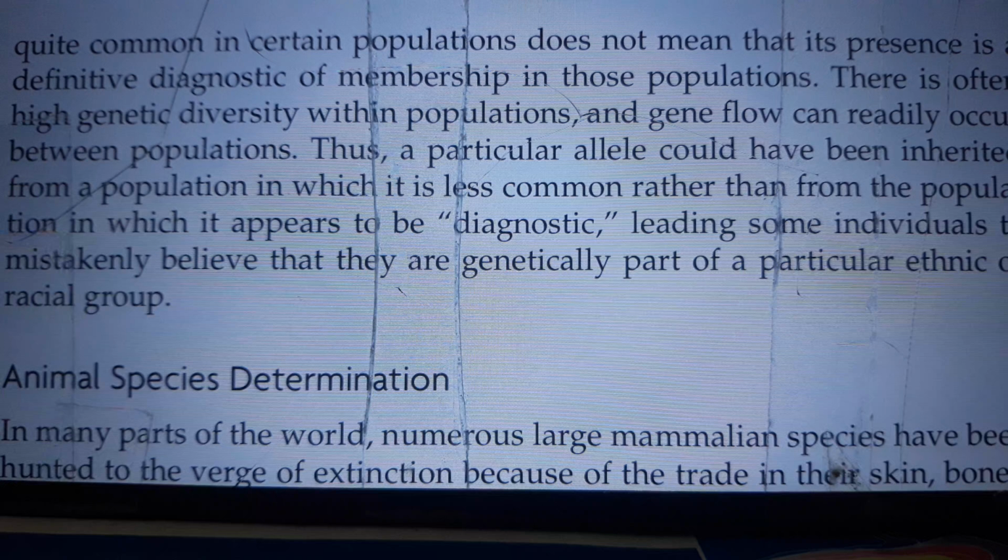There is often high genetic diversity within populations, and gene flow can readily occur between populations. Thus, a particular allele could have been inherited from a population in which it is less common rather than from the population in which it appears to be diagnostic, leading some individuals to mistakenly believe that they are genetically part of a particular ethnic or racial group.